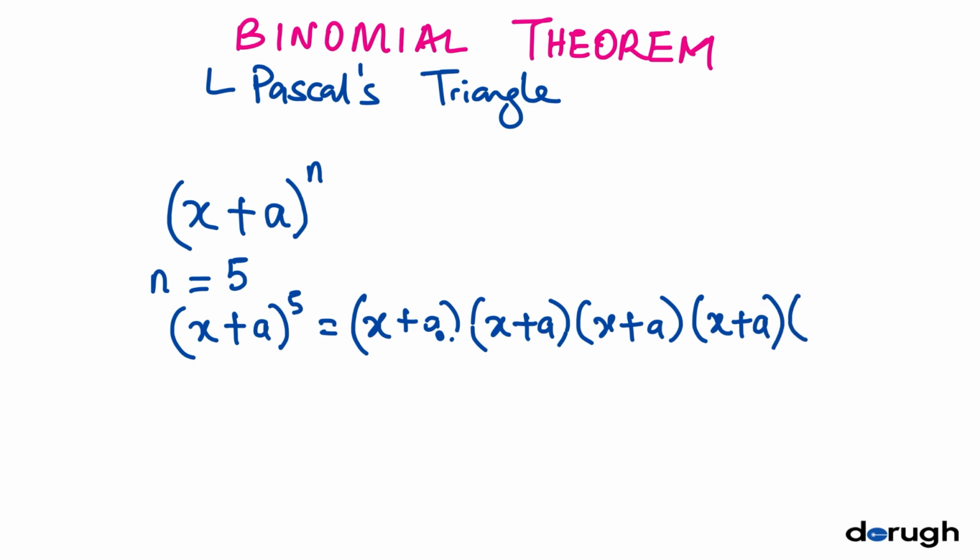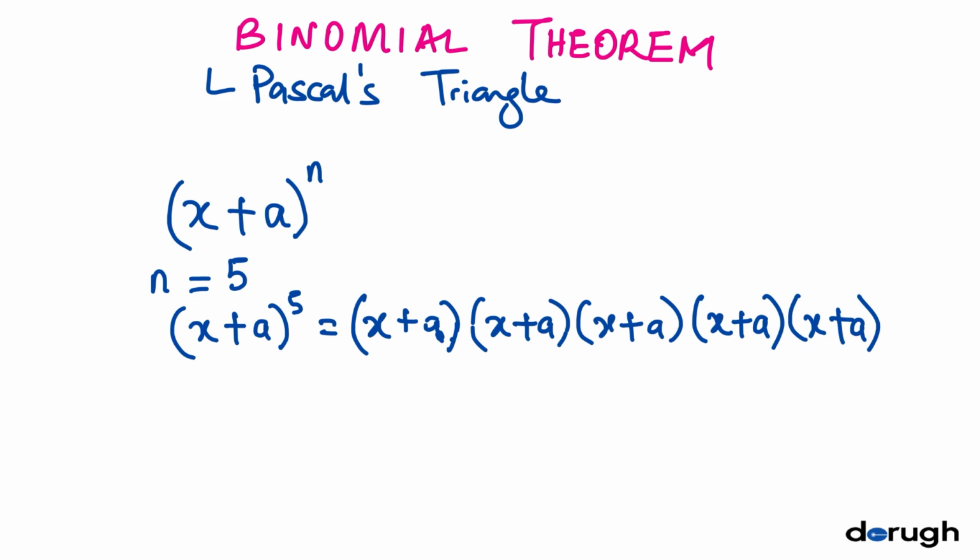We still need a 5th one. You'd agree with me that this is quite tedious, and we can't start going through expanding each of the brackets one after the other. So that is where binomial theorem comes in.